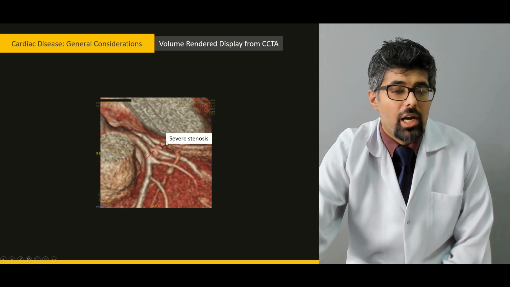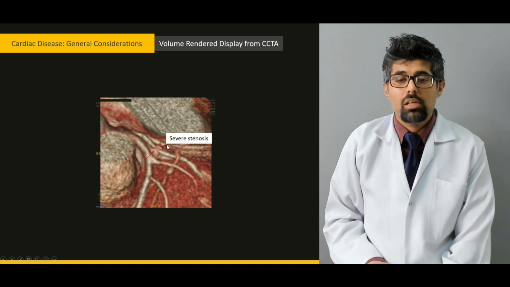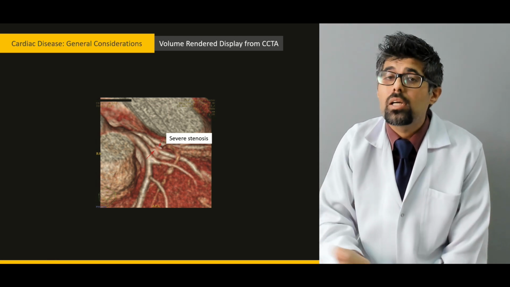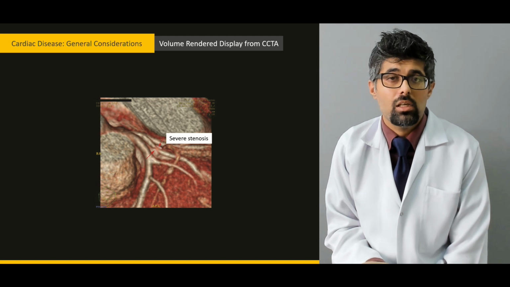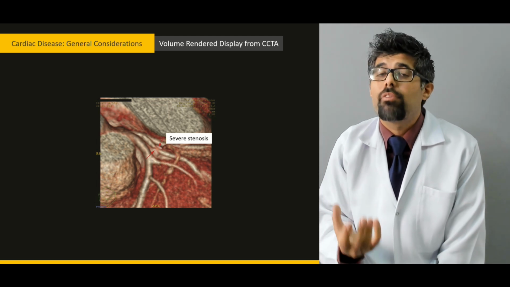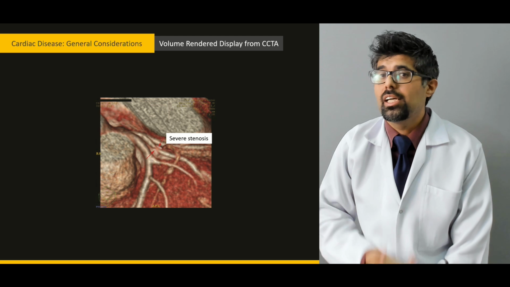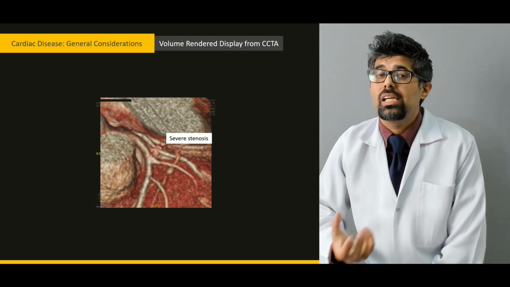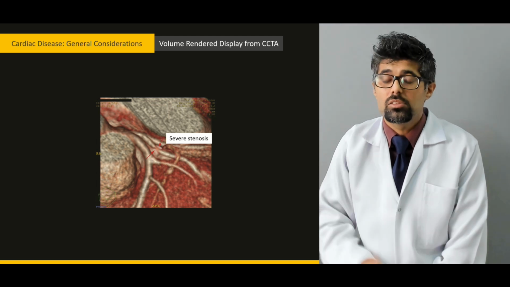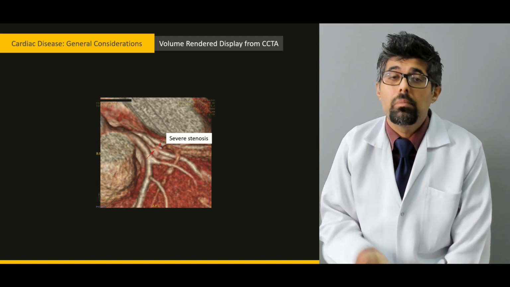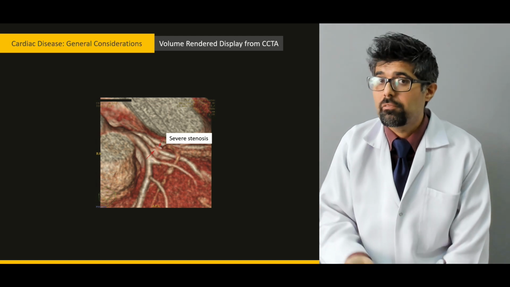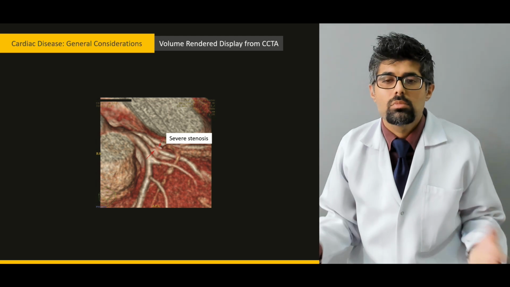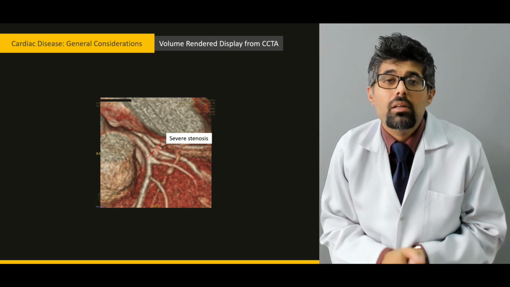Now if we had used an invasive technique, we might have taken a good view, but this is a non-invasive technique, and through it we have found out what exactly is wrong with our patient, what kind of cardiac problem he has. He has a severe stenotic problem in the main body of his left circumflex artery. So the treatment plan gets easier.